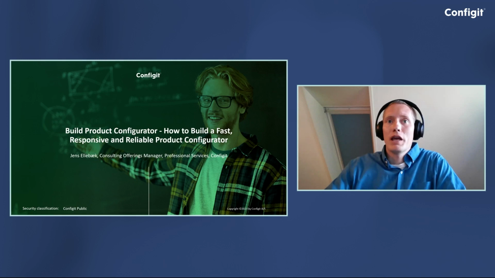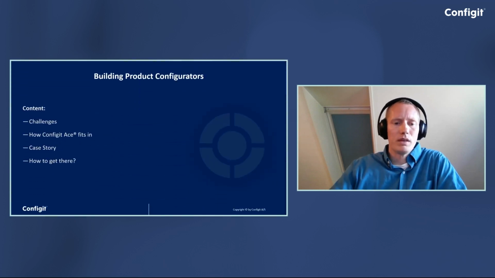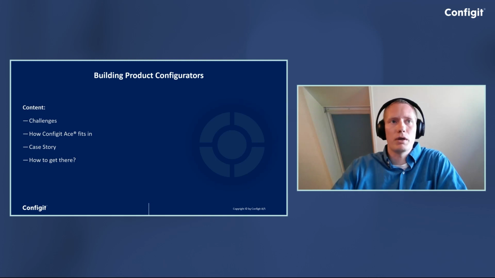So, as Tom just said, I'll be talking a little bit about how you build product configurators, how you build them to be fast, responsive, and reliable, and thereby exposing your information to your users. I'll take you through a few different topics.